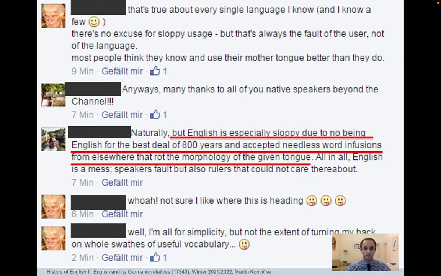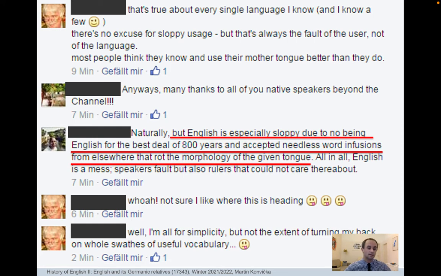Here, this user says, English is especially sloppy due to not being English for the best deal of 800 years and accepted needless word infusions from elsewhere that rot the morphology of the given tongue, right? So the idea that there is foreign influence that corrupts the language, that rots morphology, whatever, right?